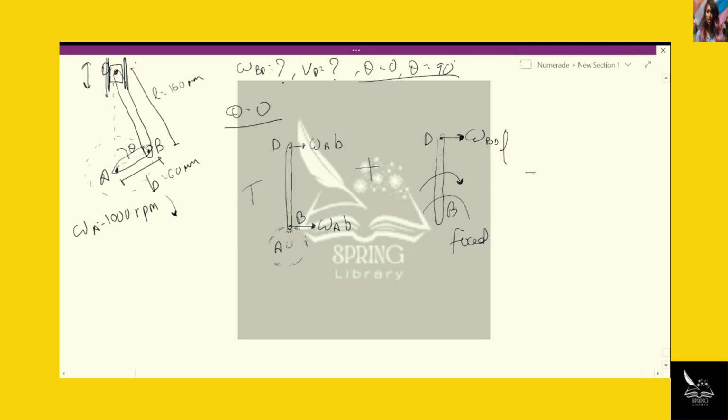And this translation plus rotation motion has to produce the net motion where point D is moving vertically and point B has this horizontal omega AB. Now by just looking at this diagram, we can figure out that there is no vertical motion possible. So first of all, VD has to be 0 because these velocities don't have any vertical components, right?